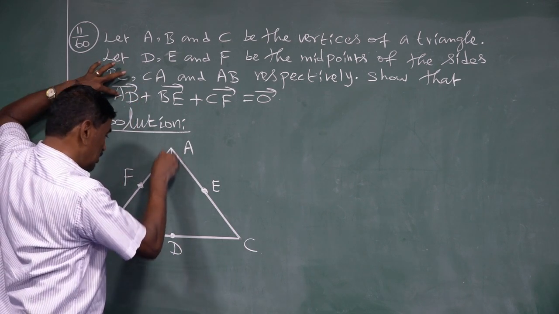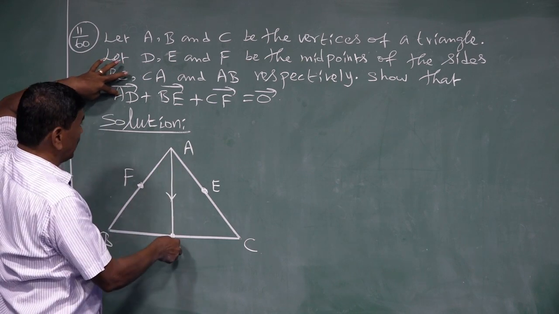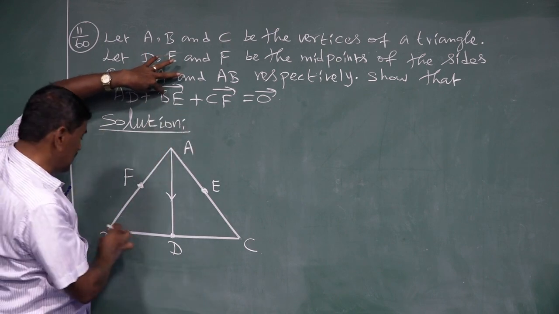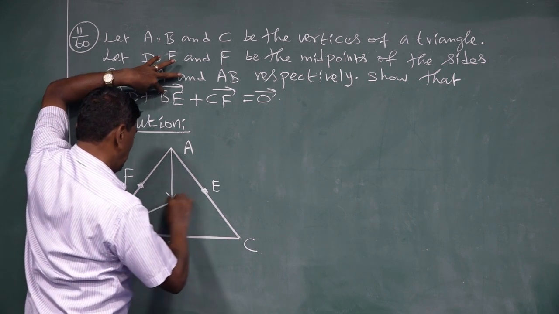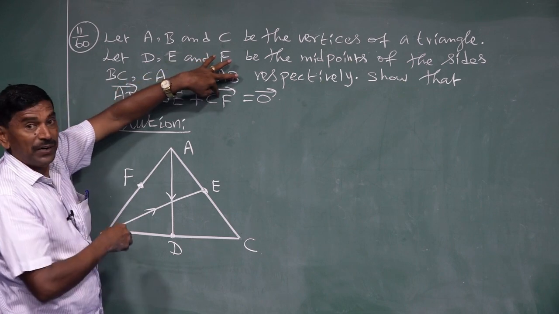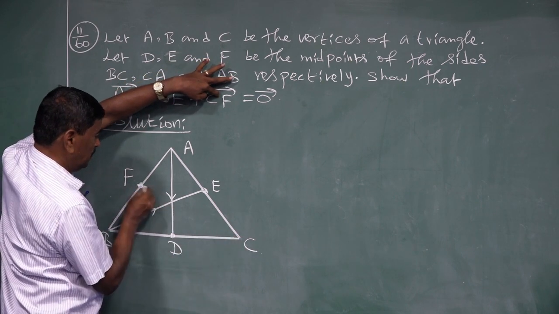Yes, very good. Join A to D, so which is AD vector. Okay, AD vector plus BE vector. Where is BE vector? Yes, which is BE vector. Next, CF vector. Where is CF vector? Yes, which is CF vector.